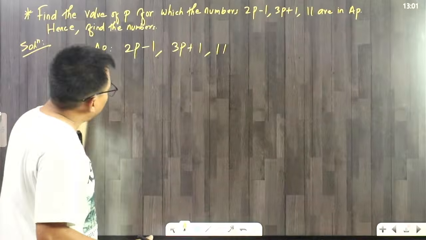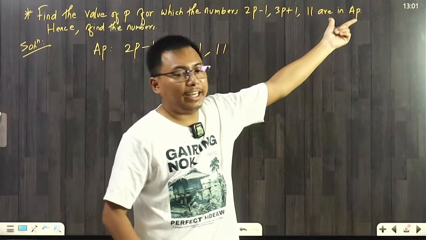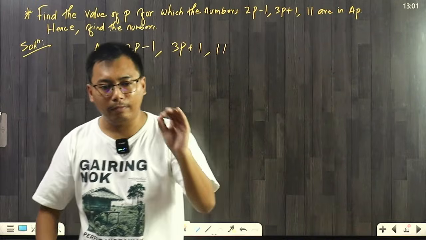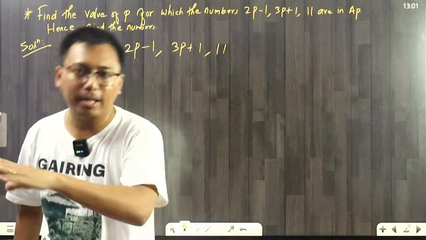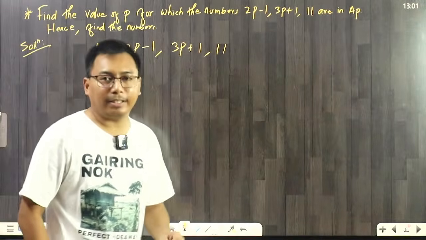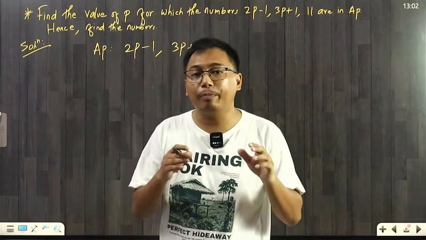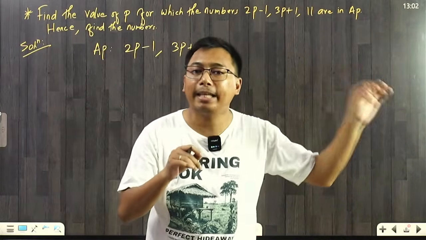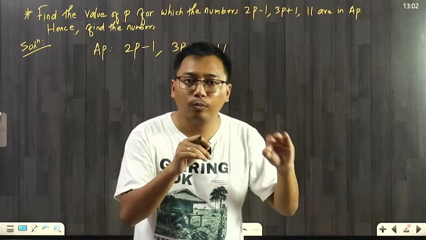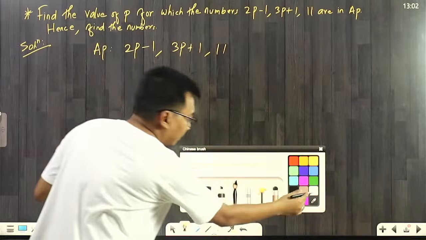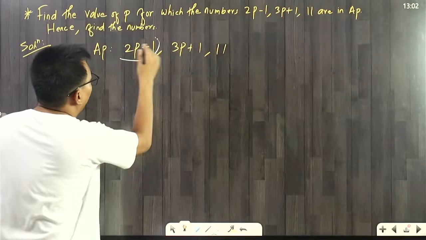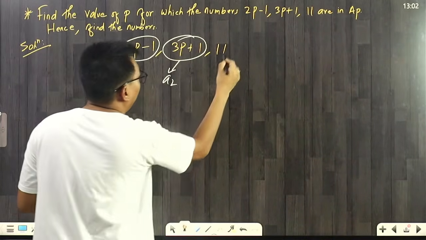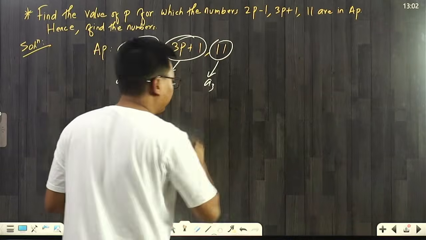It's also given that these three terms are already in AP, which means they will have a common difference, which means their differences would be the same. This is my A1, this is my A2, and this is my A3, the third term.